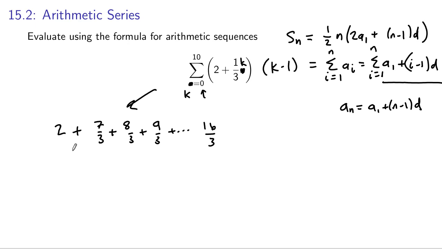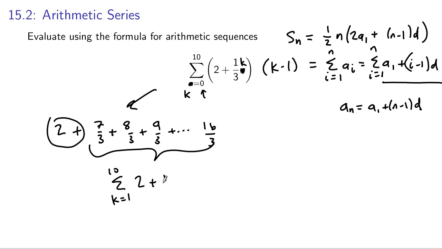Now, we could just take this piece and leave it as 2 plus and write this with the sigma notation. And we would just write sigma as k is 1 to 10 of 2 plus 1/3 k. And if we just add 2 to this sum, then we get the same thing as this original sum.